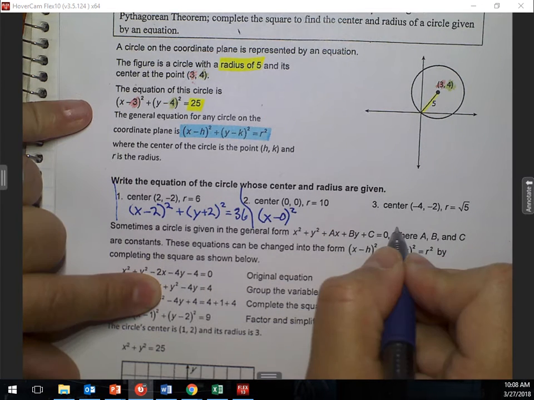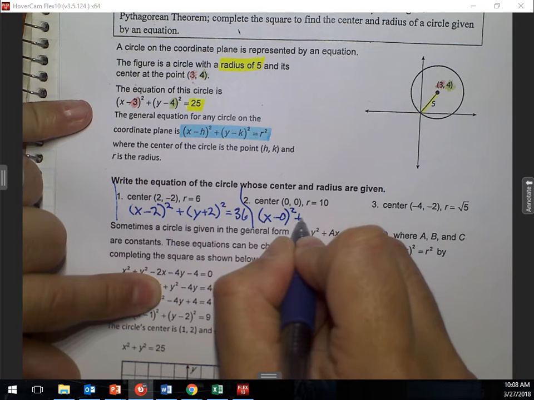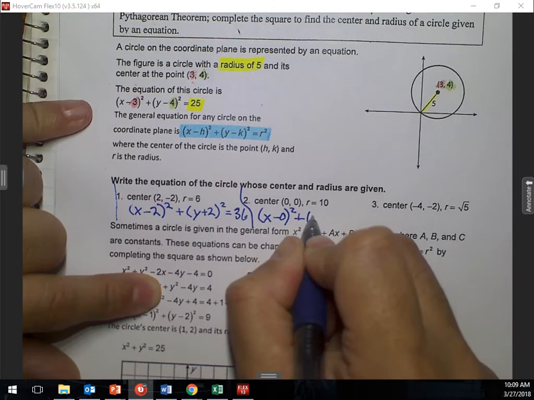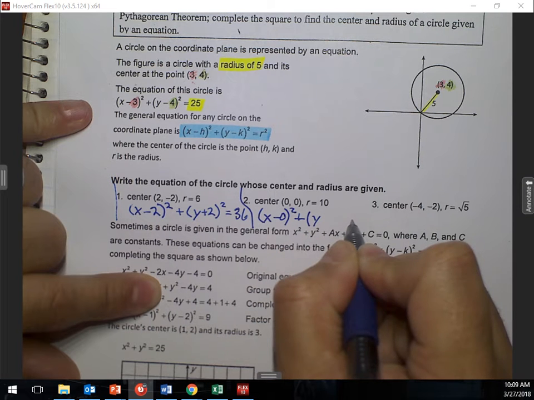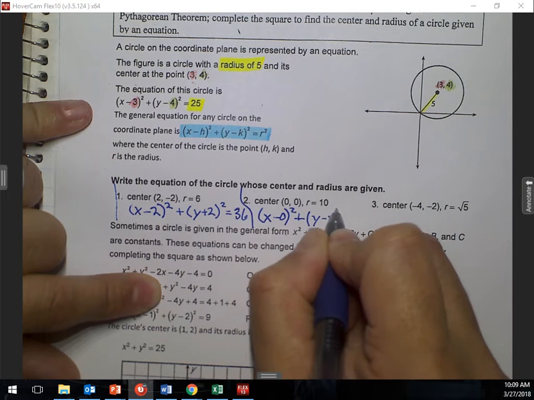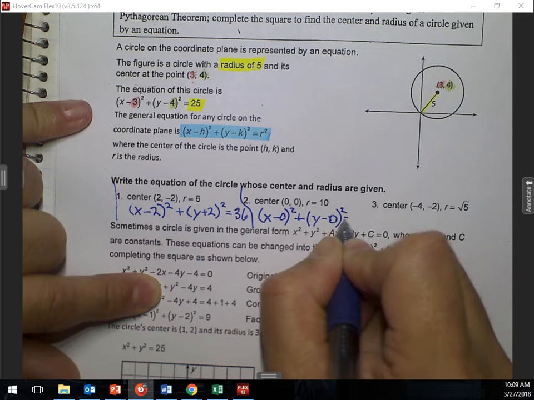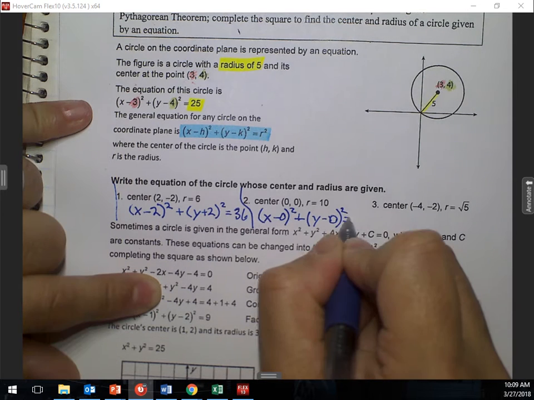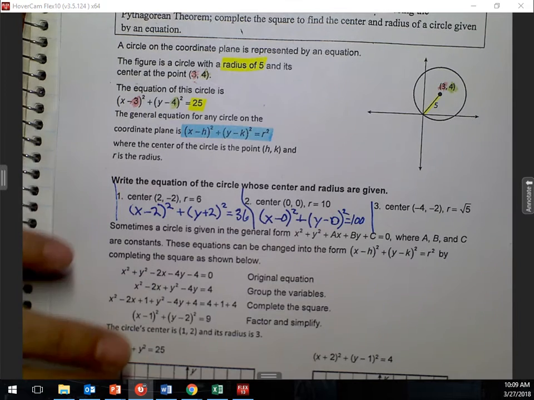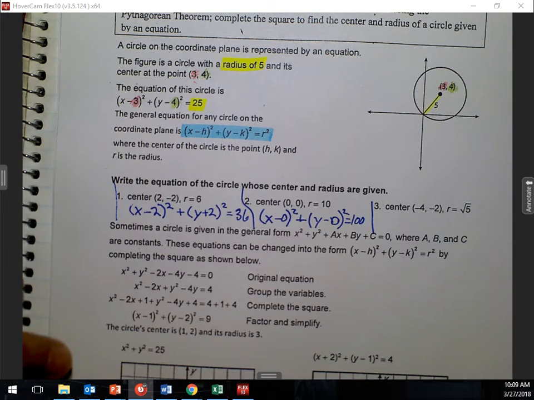Plus, parentheses, Y minus 0, squared, equals 100. Not bad, right? We're just plugging stuff into the formula.